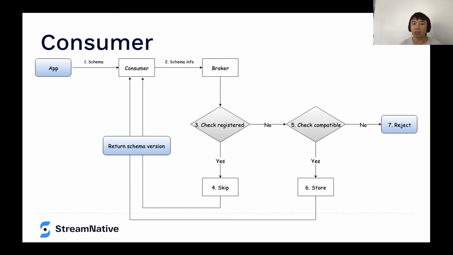Why? Because in Pulsar there's a concept called auto topic creation. So usually a consumer would automatically trigger the creation of the topics. If auto topic creation exists, and the topic doesn't exist, and a consumer connects with a schema, this would trigger the broker to create a topic as well as register the consumer schema as the topic schema.